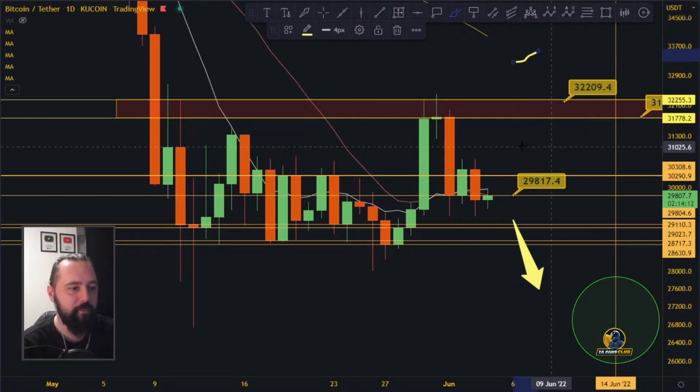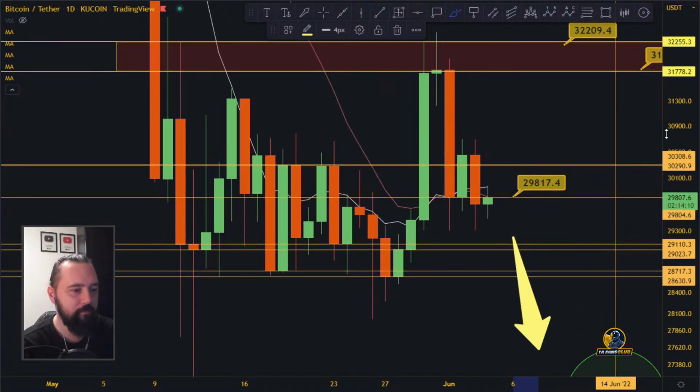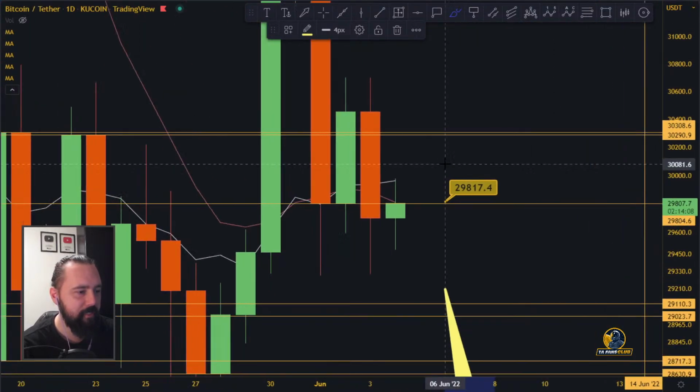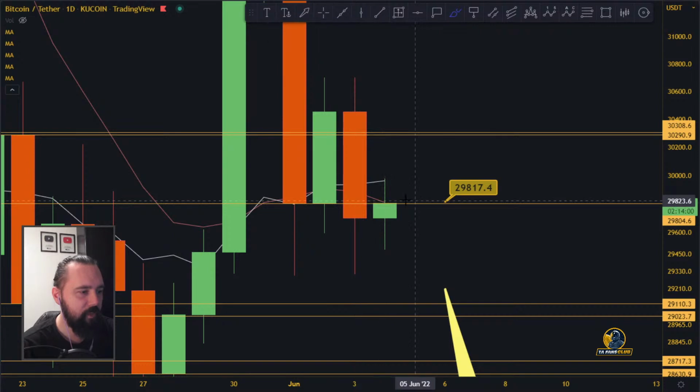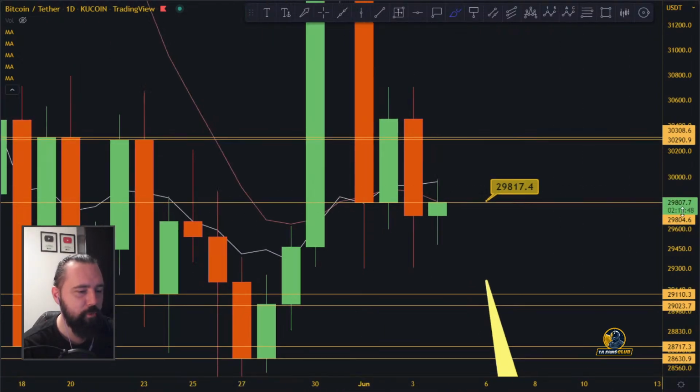Okay guys, we're gonna see what's happening on Bitcoin right now. This is a daily chart. You see that we actually wicked all the way up to the resistance, and right now we are very close to closing below the support. If we manage to pump above 29.8, we might recover from the failure of this bearish trend towards the downside.